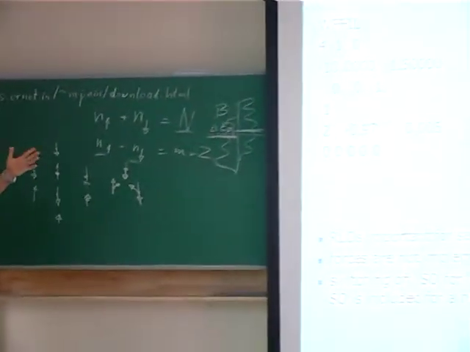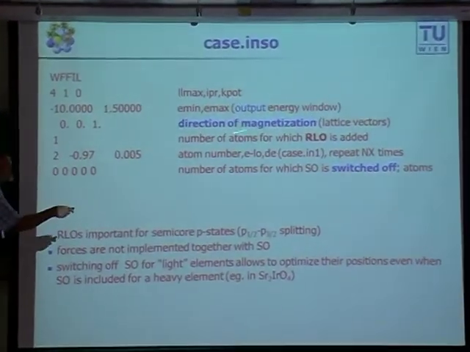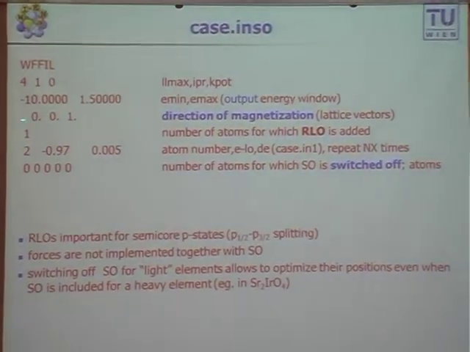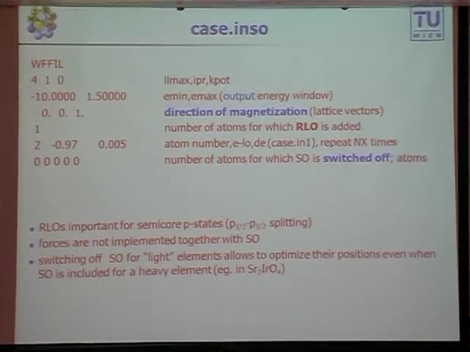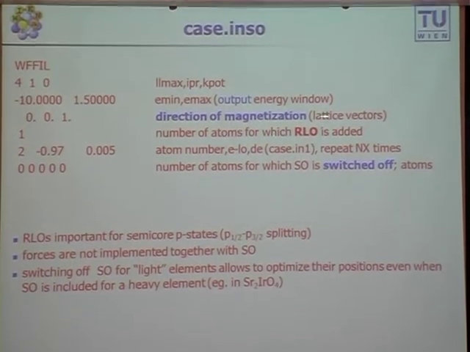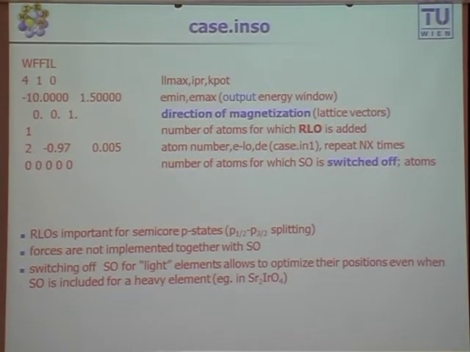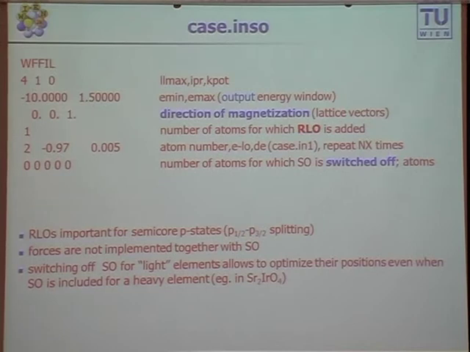In the input file, just for curiosity, you have to define this direction of magnetization, the 001 direction, for instance. You could define here these relativistic local orbitals, which I mentioned yesterday, because we don't have this p1/2 basis.